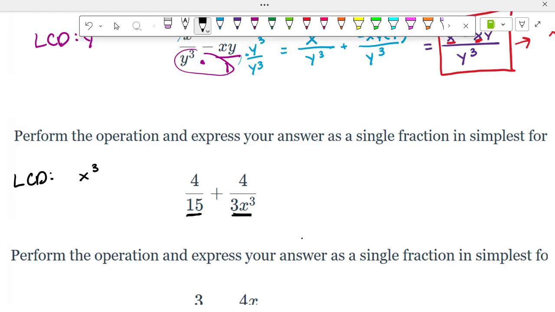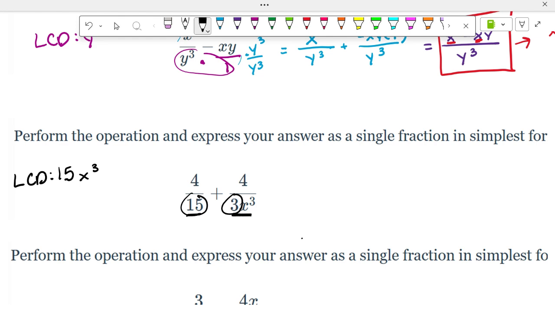But there's a smaller one than 45. What is it? Not 3. 15 can't go into 3. 15. 15 divided by 15 is 1, and 15 divided by 3 is 5. All right. So between 15 and 3, my least common denominator is 15.